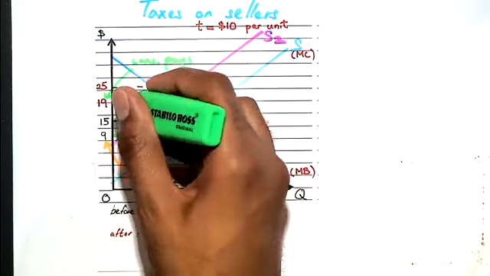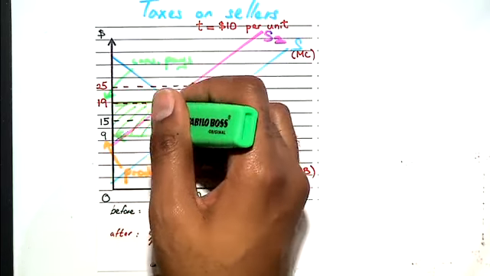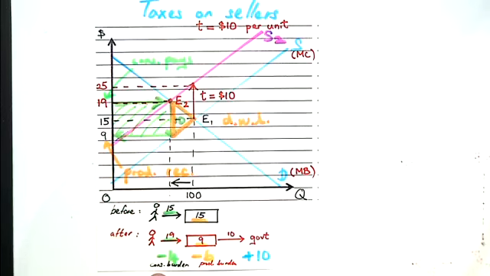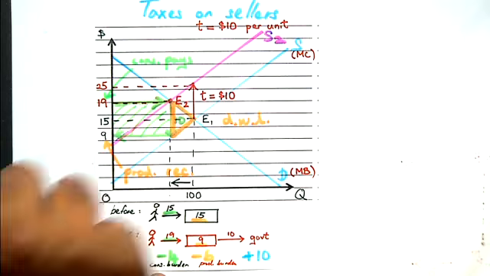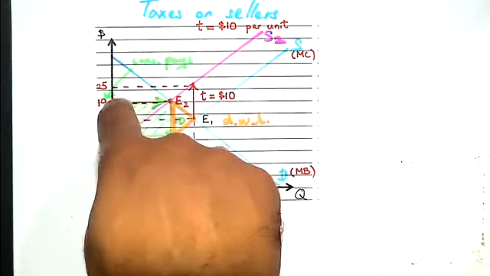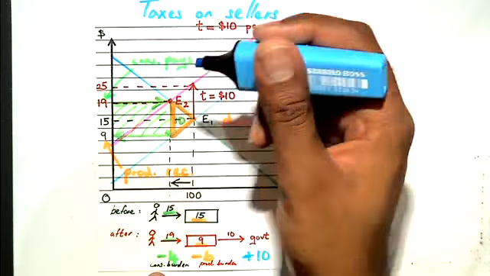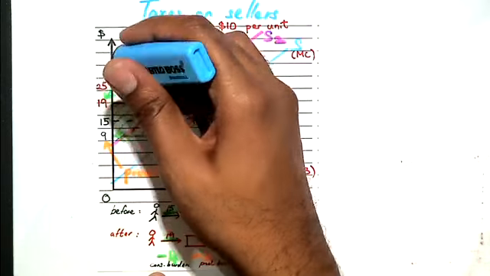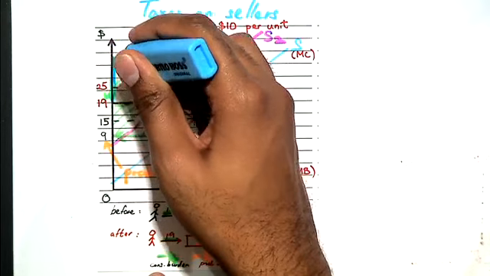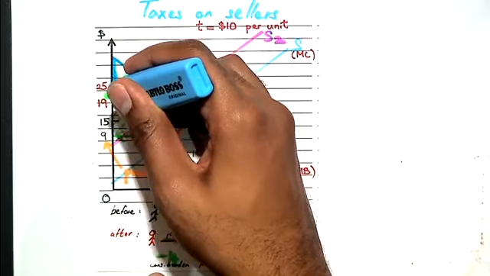Who gets this rectangle for taxes? The government. Who gets the top triangle? That top triangle is known as what? The top triangle is consumer surplus.